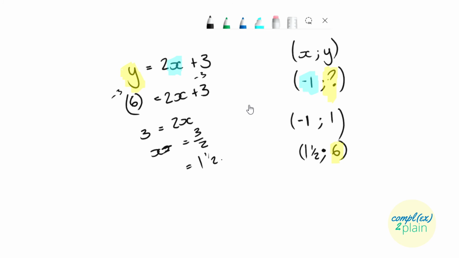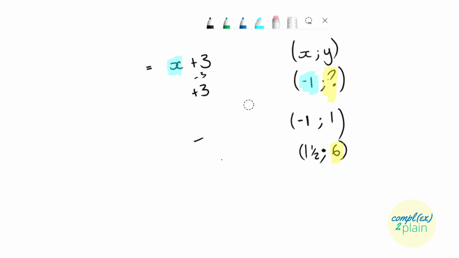Okay, let's do one more example. Let's say y is equal to x divided by 2 minus 3. Let's just make it fun. Let's say we have a y value of 1 and we want to know x. So we've got y, we want x. So I substitute my y in.